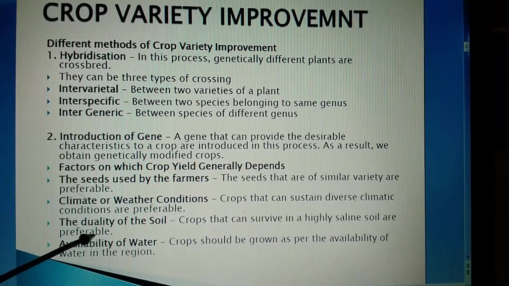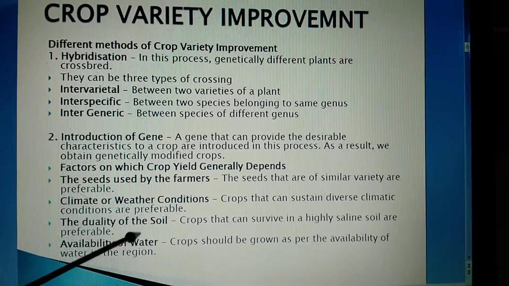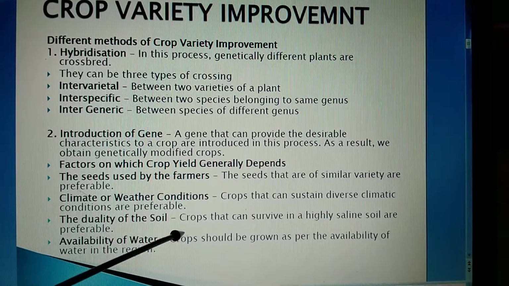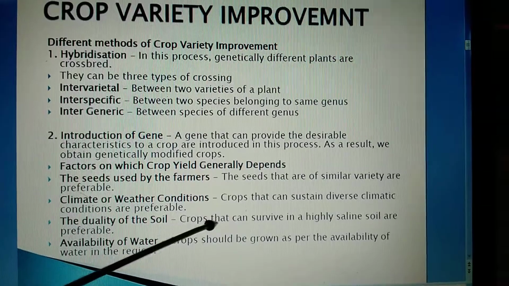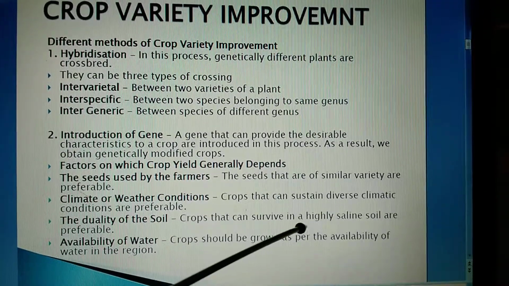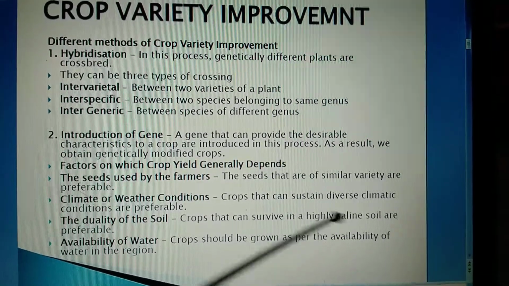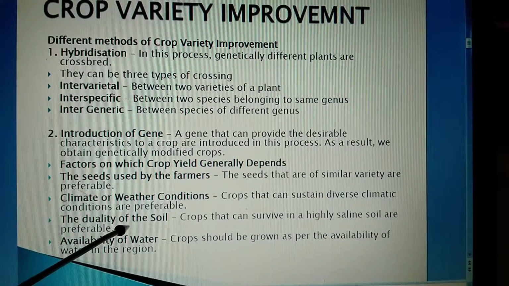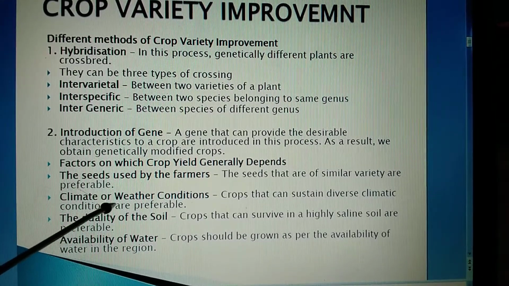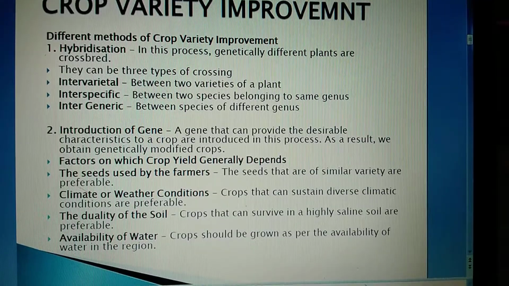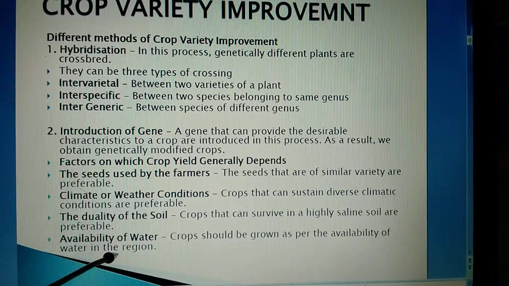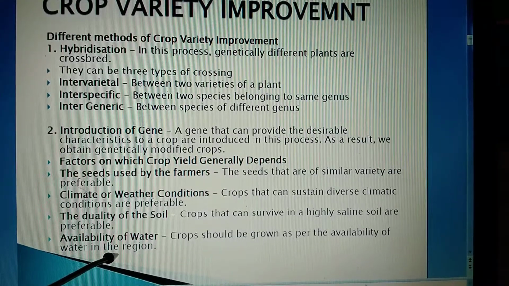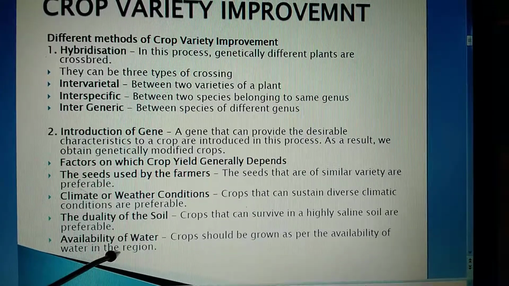Next is quality of soil. Quality of soil involves that the crops that have been improved should survive in high saline conditions, so that it helps the crop survive better. The next factor for the crop yield is the availability of water.